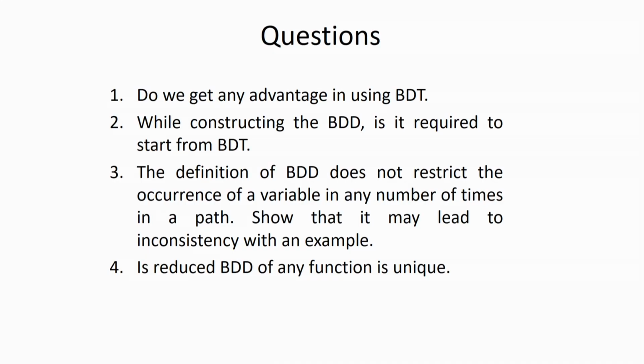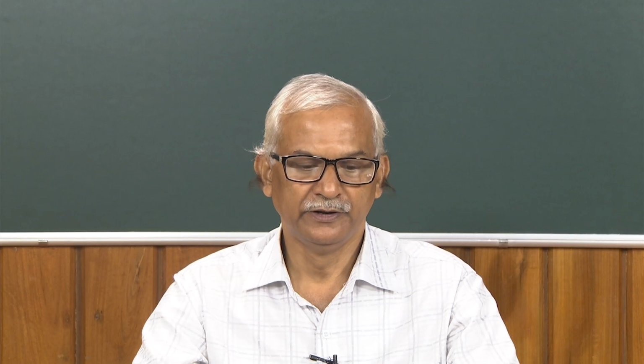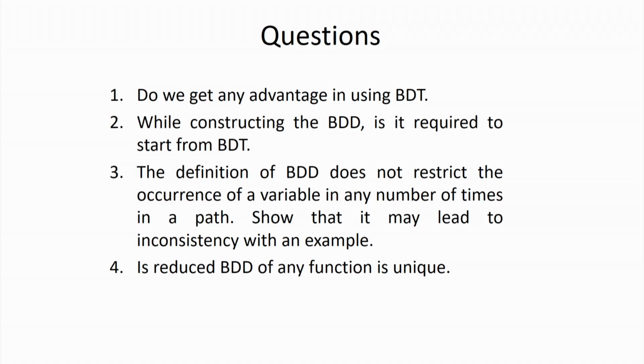Secondly, to get an ROBDD, we need not start from the BDT, we can start from the Shannon expansion itself. While constructing the BDD, it is not required to start from BDT, as already mentioned. The definition of BDD does not restrict the occurrence of a variable any number of times in a path, so that it may lead to inconsistency.